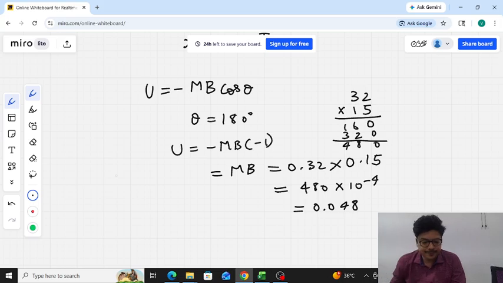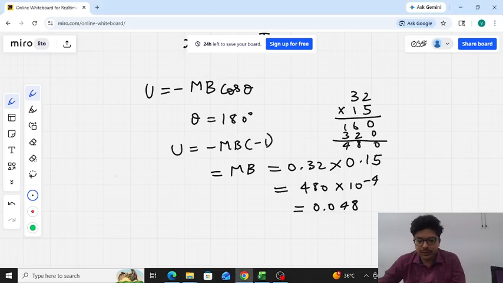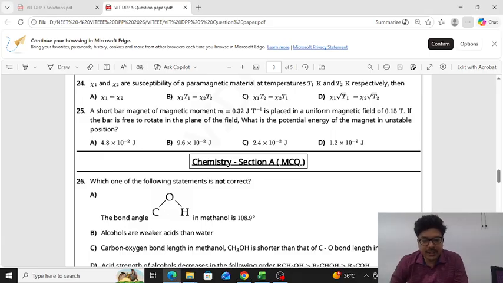That is 4.8 into 10 power minus 2. So this is nothing but 4.8 into 10 power minus 2 joule. This is the answer for this question, option A, 4.8 into 10 power minus 2 joule.